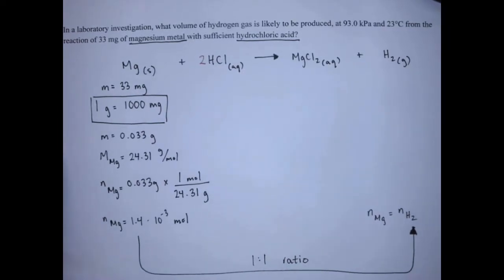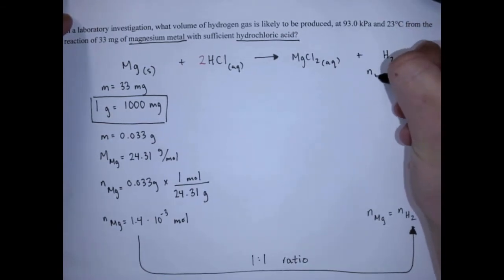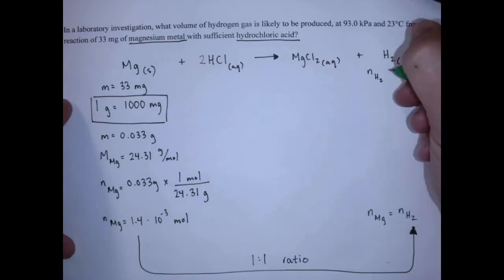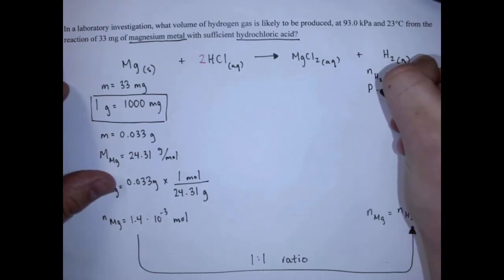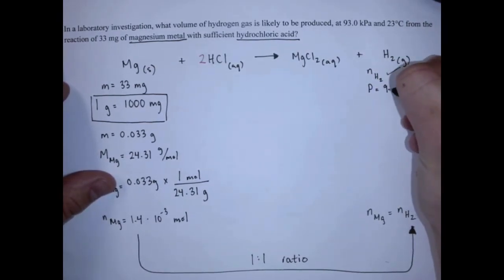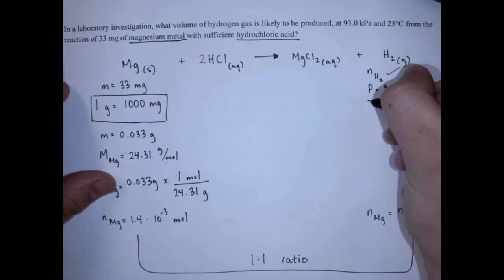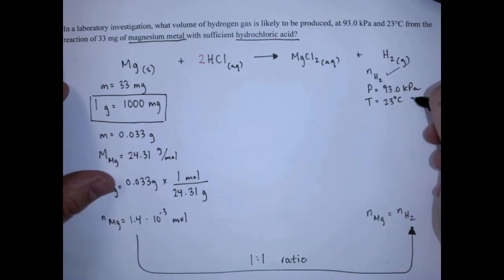Great. So what else do I know about the hydrogen gas? Well, I know its number of moles, so let's give that a check. What else do I know from the write-up? I also know its pressure. Pressure is 93 kilopascals, and I have a temperature which is 23 degrees Celsius.